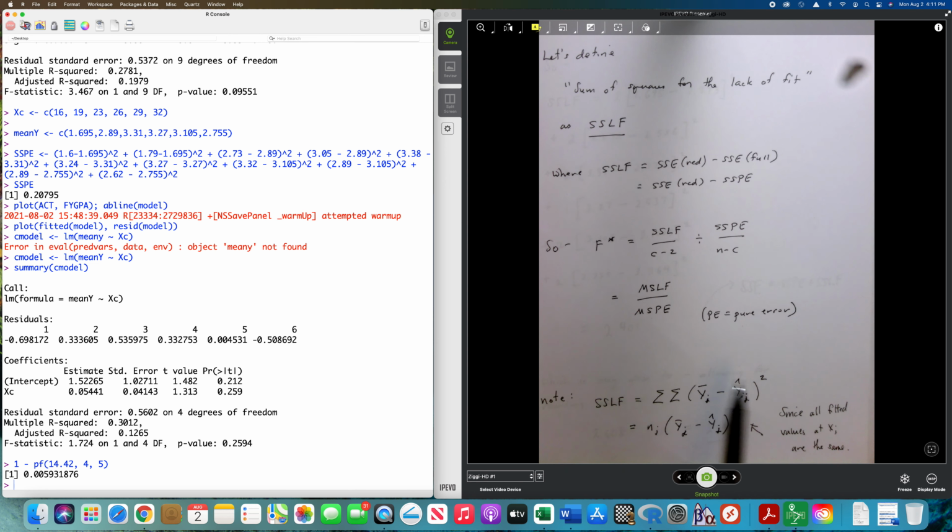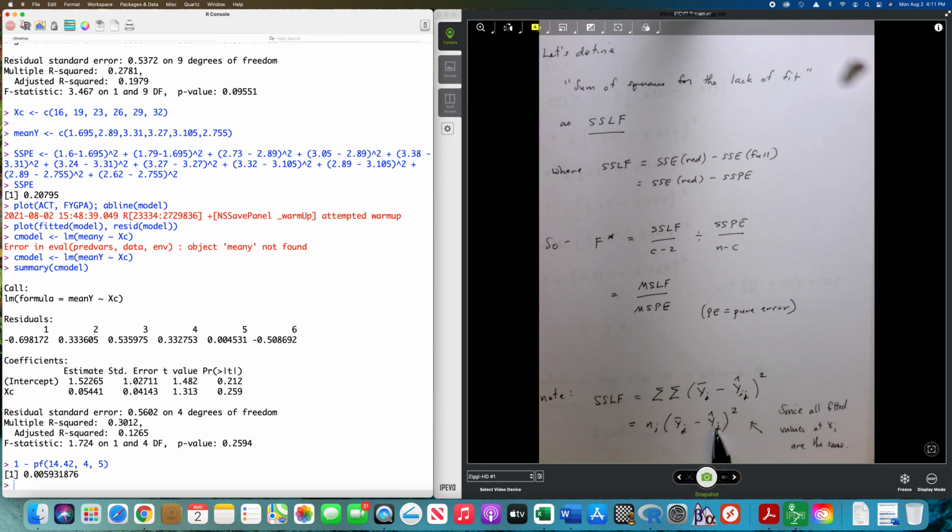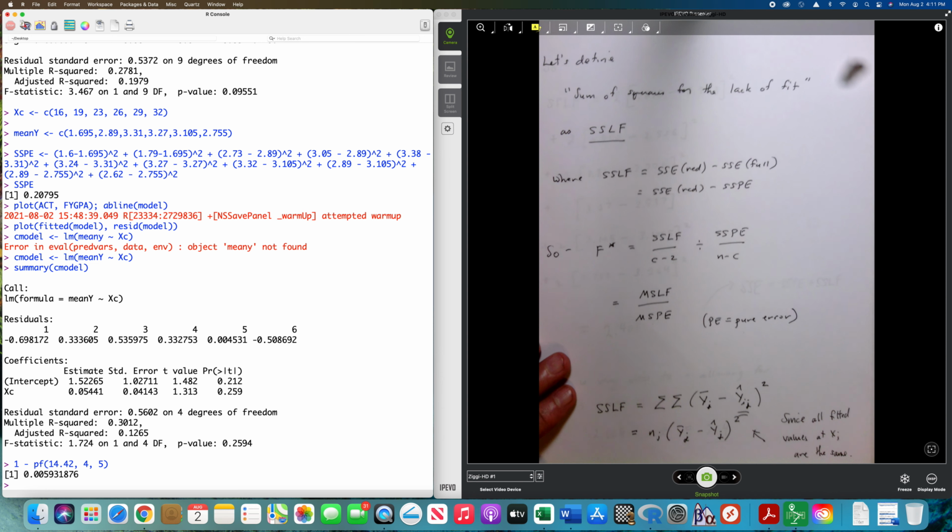And this all simplifies to just being n sub j times the mean of the y's at the j level minus the predicted value at the j level, since all these fitted values of x are the same. All right, so that eliminates the need for the i sub j, sub ij, I should say.